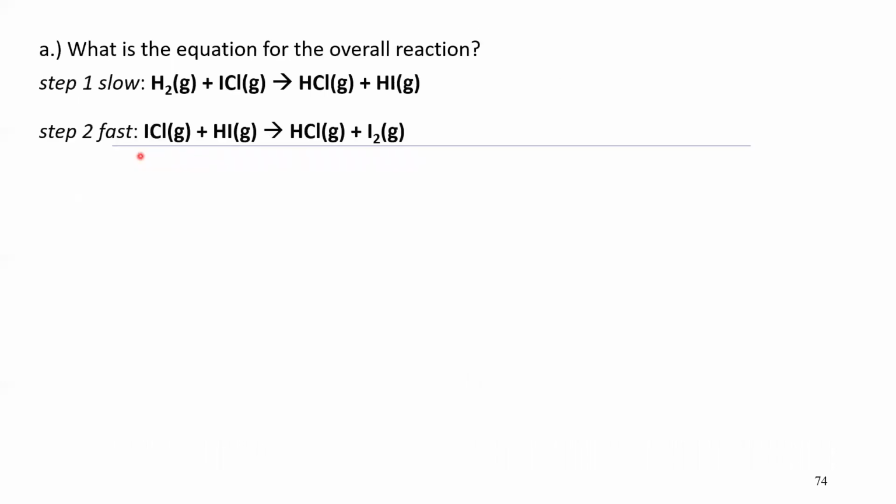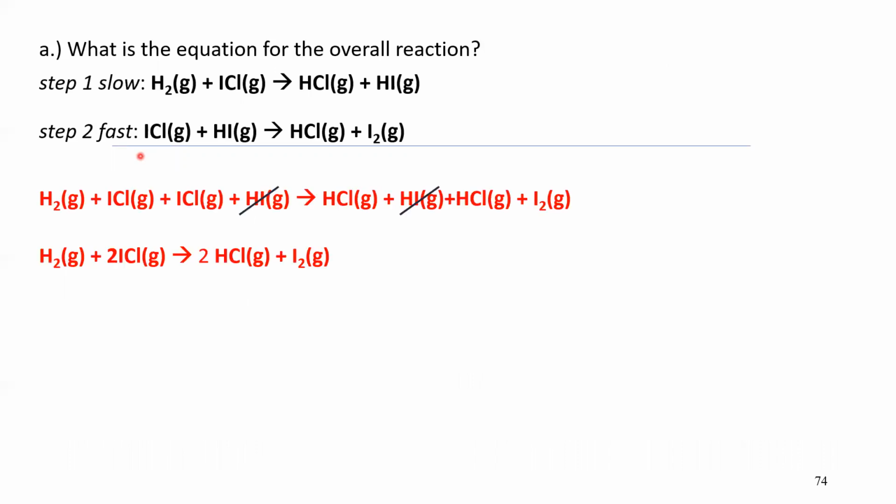Let's look at the first part. What's the overall reaction? Well, we're going to add these reactions together. Okay, so we've got hydrogen plus ICl plus ICl plus HI. We're just adding all the reactants together. Yields HCl plus HI plus HCl plus I2. We're just adding all the products together.